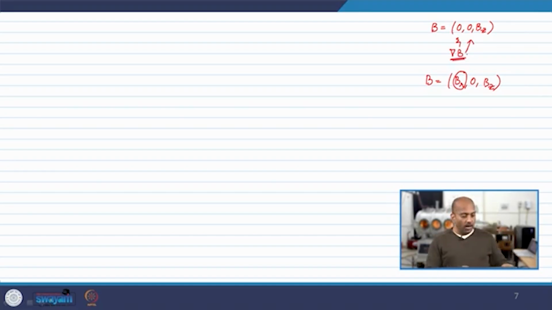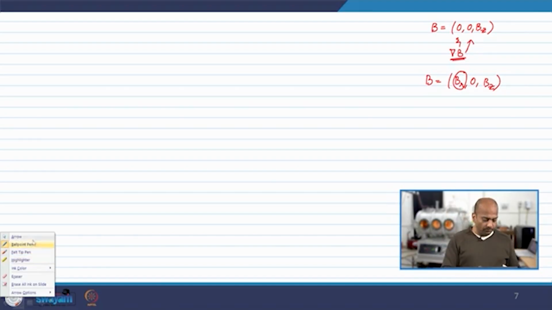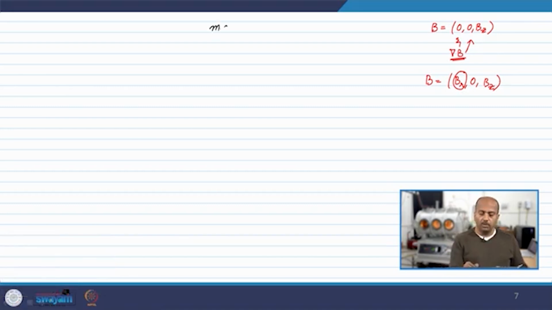Now, let us try to go back to our equation of motion. What is the equation of motion? m d²x/dt², let us say, I will not use x, rather I will use r, is q times v cross B, right.